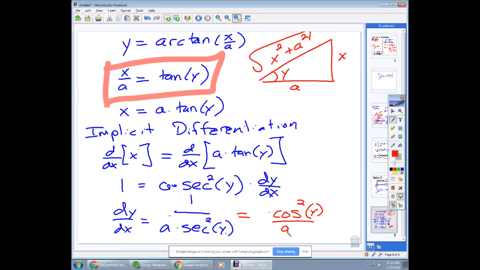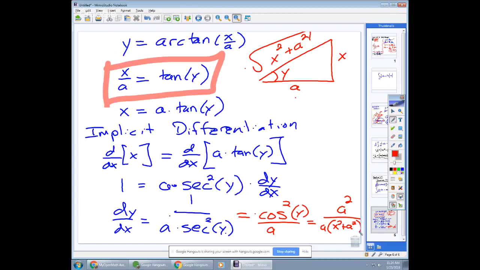Cosine here would be adjacent over hypotenuse, so a over the square root. But then I'm squaring it, so I end up with an a squared in the top. I'm running out of room. Slide you over a little. I have an a in the bottom, and then I have the square root squared, which is just x squared plus a squared.